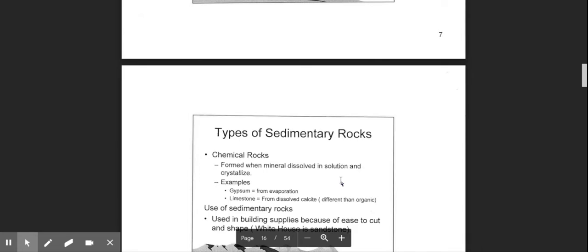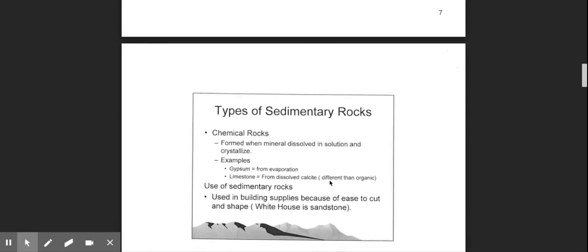And the last type of sedimentary rock is the chemical sedimentary rock, formed when minerals dissolve in solution and crystallize. Now, a lot of you last year did a lab in seventh grade where you were separating different materials. You had iron in there, you got rid of it with a magnet.